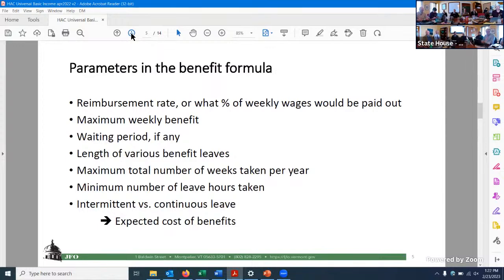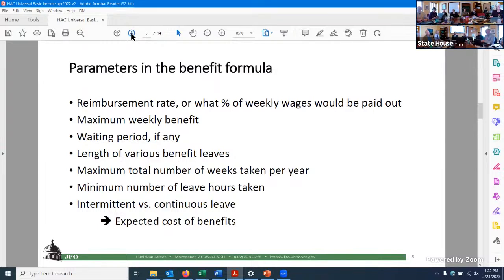The length of the various benefit leaves, again, here the decision was made 12 weeks for each type of leave except for bereavement leave, which is set at 2 weeks maximum. But you cannot string together more than 12 weeks in a 12-month period. So you can't put family care at 12 weeks plus your own medical serious health condition at 12 weeks within the same 12-month period.